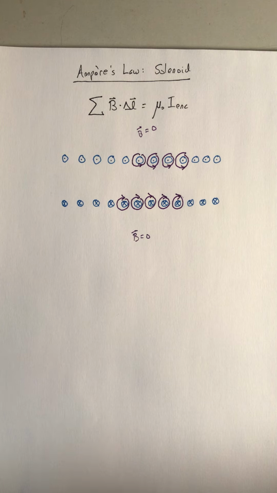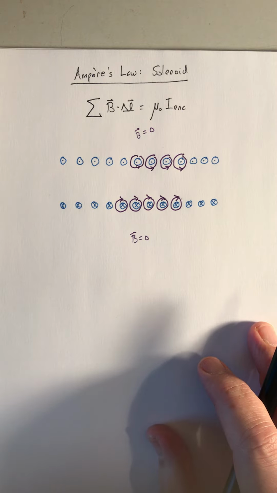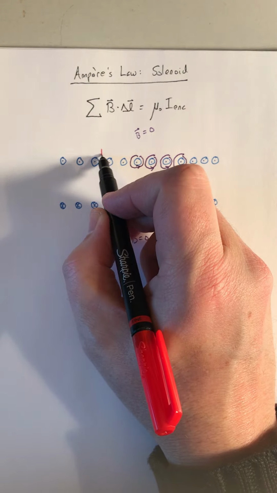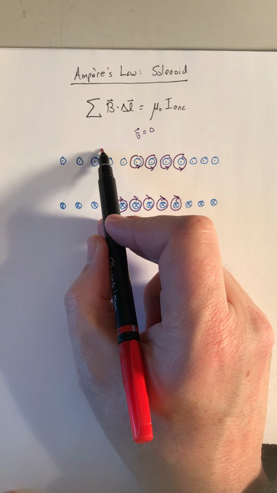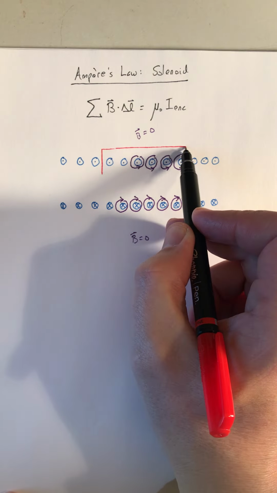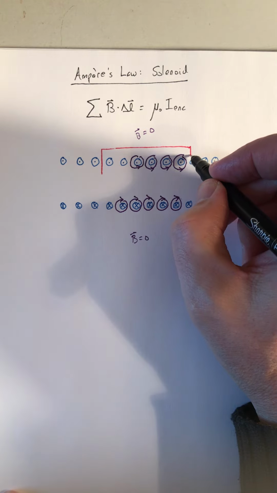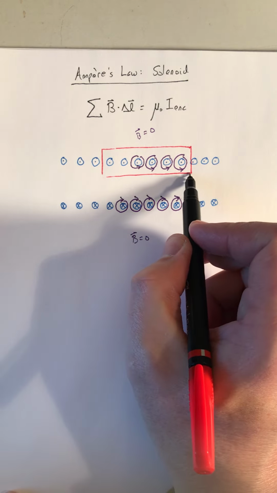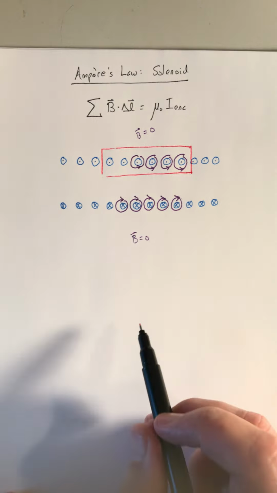All right, so let us make a loop we want to apply Ampere's law to. And the loop I'm going to pick is just going to encircle some of the currents.